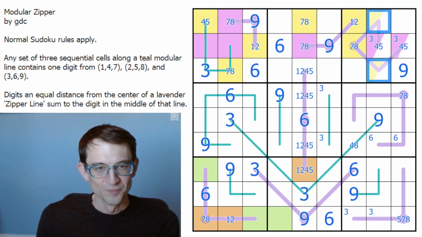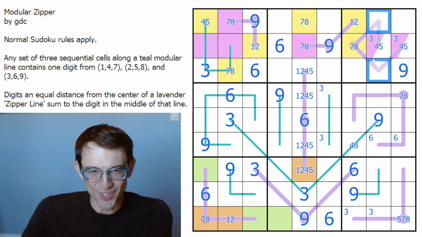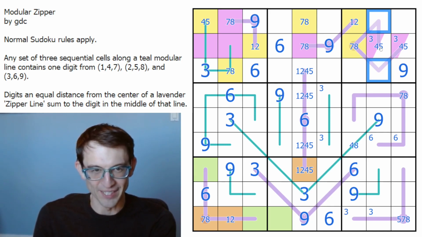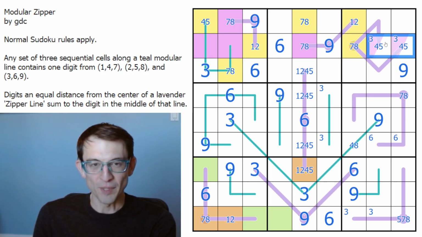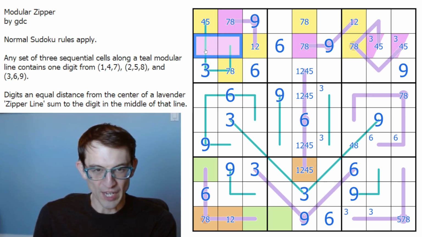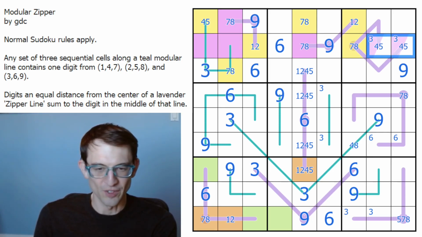Hold on. Back up. I wasn't 100%, I had a thought, but I'm not 100% sure it's right, so I'm going to go back for a second. This is the purple 4 or 5, because it doesn't pair with 3, right? And the purple 4 or 5 is one of, oh no, that's wrong. This is the yellow 4 or 5. Okay, let's just back up.